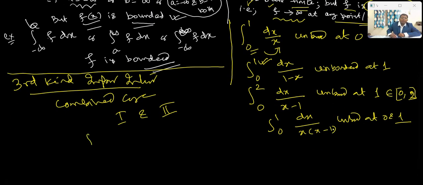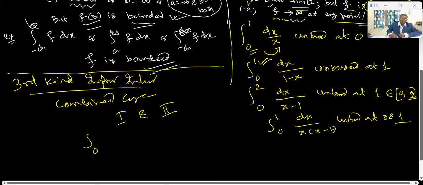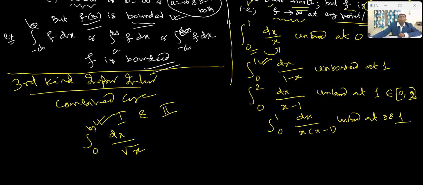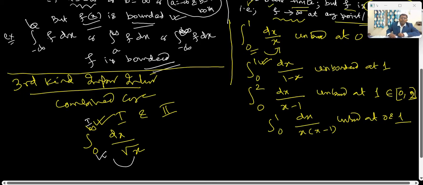If I say the integral from 0 to infinity of dx by root x, what will happen here? Because of the infinite limit it is first kind, and because of 0 it is unbounded, so it is second kind. So it is a case of the third kind of improper integral.